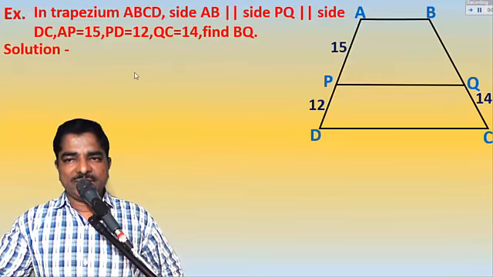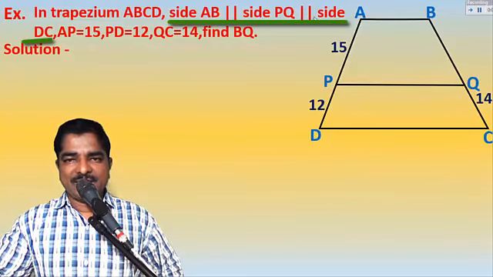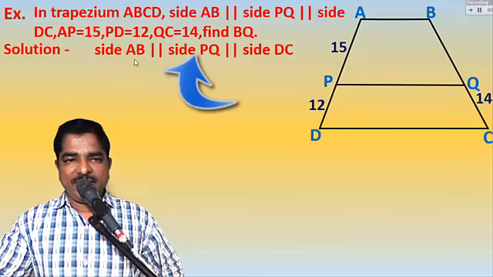In the solution, segments AB, PQ and DC are parallel, that is three lines are parallel.